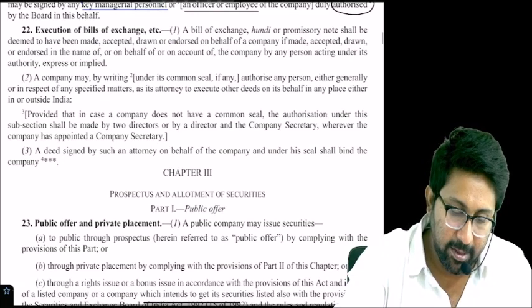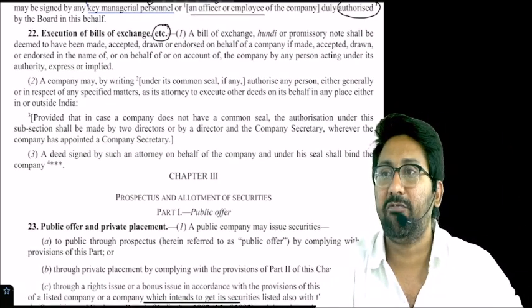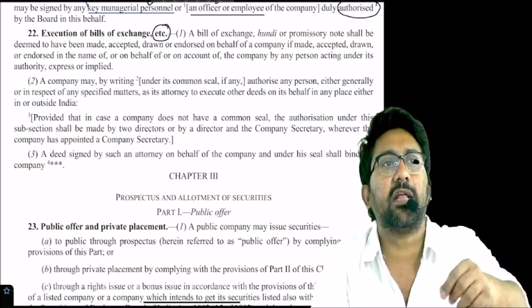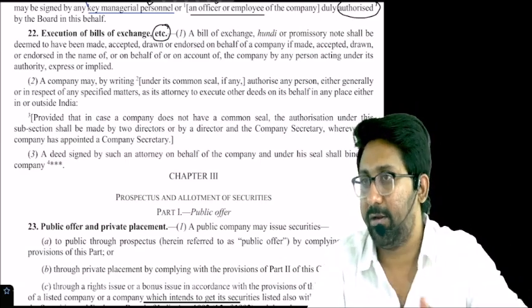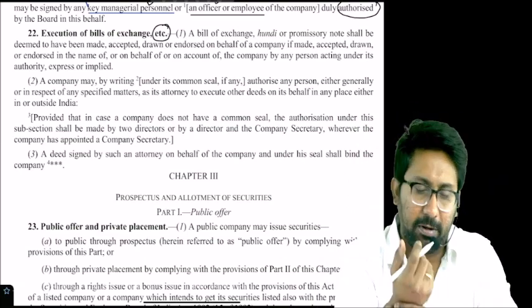Execution of bills of exchange, etc. Etc. means the rule of ejusdem generis will apply. Maybe bills of exchange, any other negotiable instrument. Please read. Maybe to some extent you may feel it is complicated. Read.